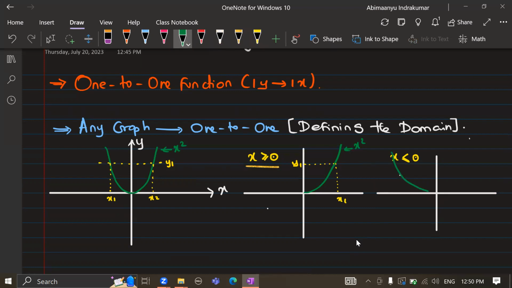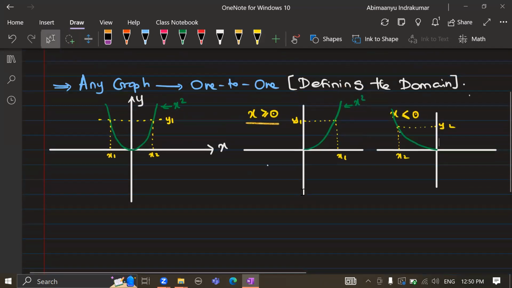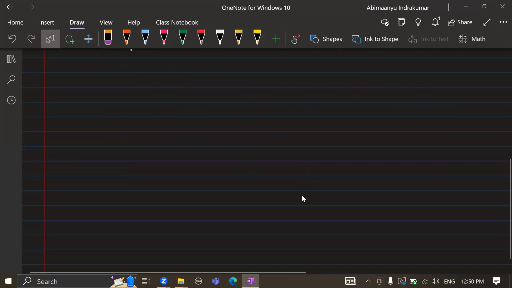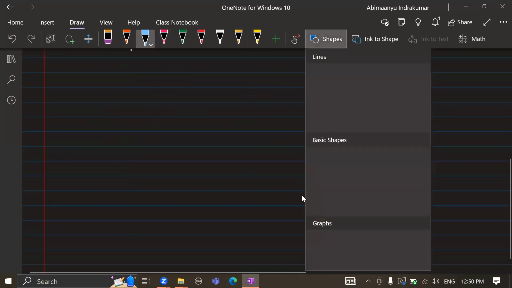Now you can ask, but why do I need to know all of these things? The reason is that all of the trigonometric graphs are many-to-one or many-to-many graphs. So first of all, if I want to sketch the one-to-one graph of sin x, step number 1 is to sketch the usual sin x graph.